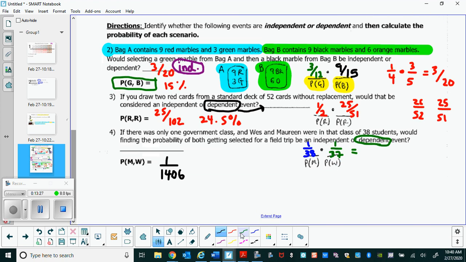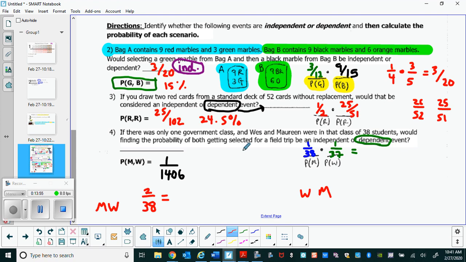Now, if you want to back up and think of it this way, if you want to say it doesn't matter if we pick Maureen and then Wes, like what if we picked Wes, then Maureen? Basically, then what you're saying is, okay, we want Maureen and Wes, which means those are 2 kids out of the entire 38 class. And when we're asking what are the chances that it's going to be those exact 2 kids picked, you can see here that that would be the answer.